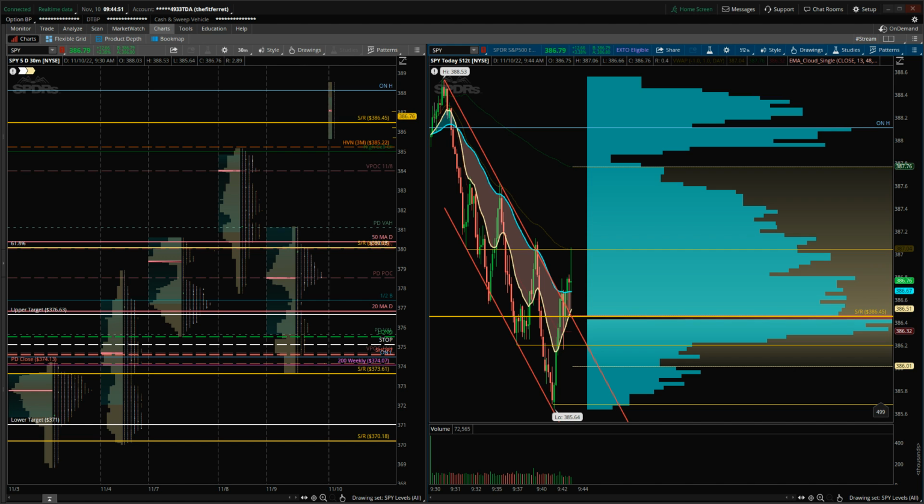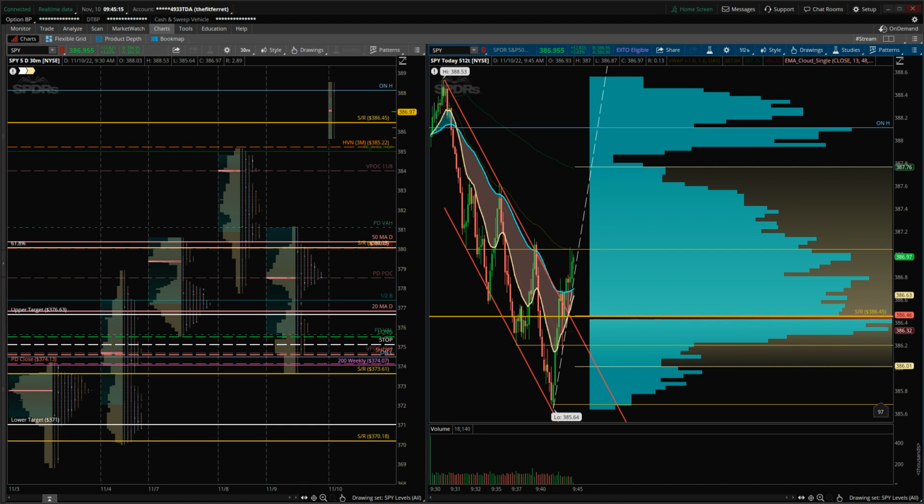We got a touch of VWAP and a rejection right there. Getting close to a crossover with VWAP. These are some really good signs for the up move.